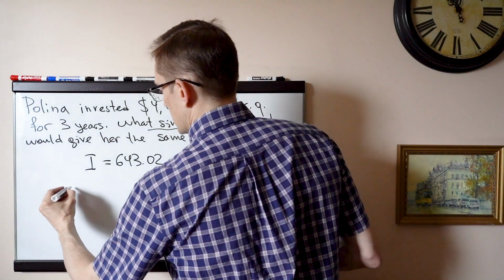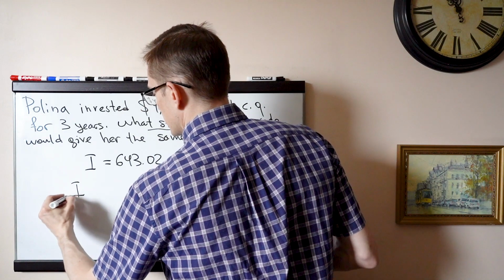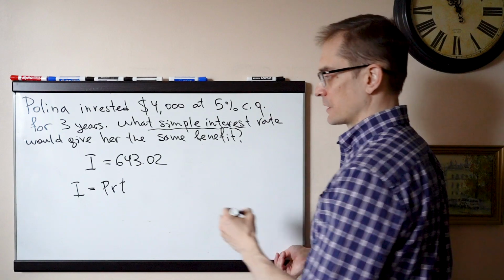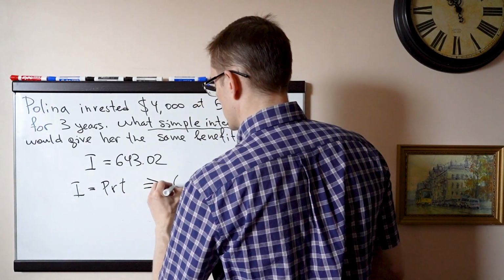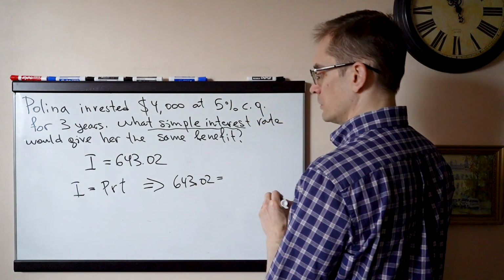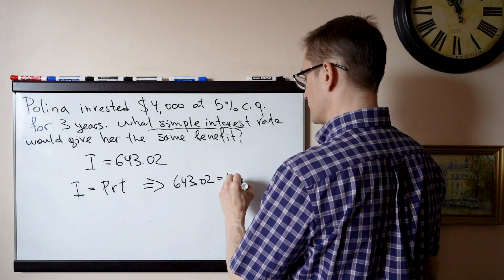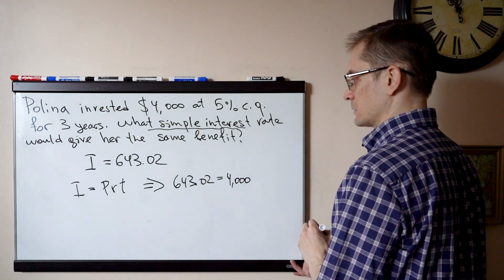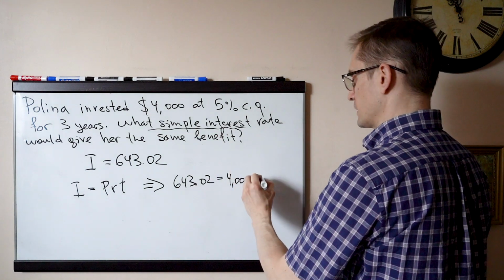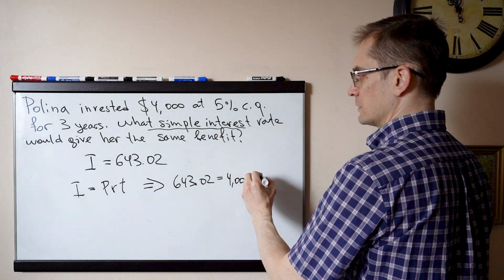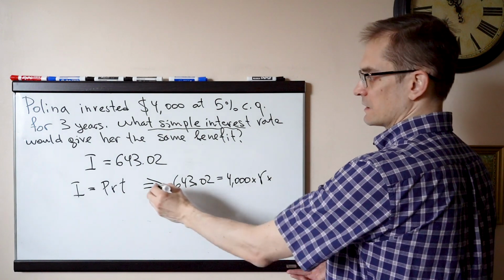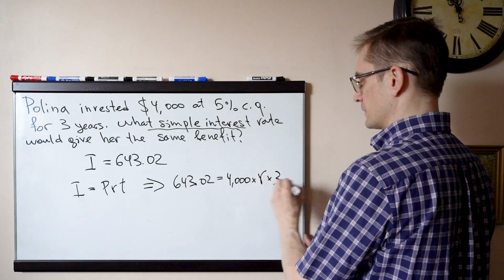Well, we know that interest is PRT in simple interest calculation. Therefore, 643.02 equals the principal invested, which is 4,000, times the rate, which is unknown because we need to find it, times time, 3 years.